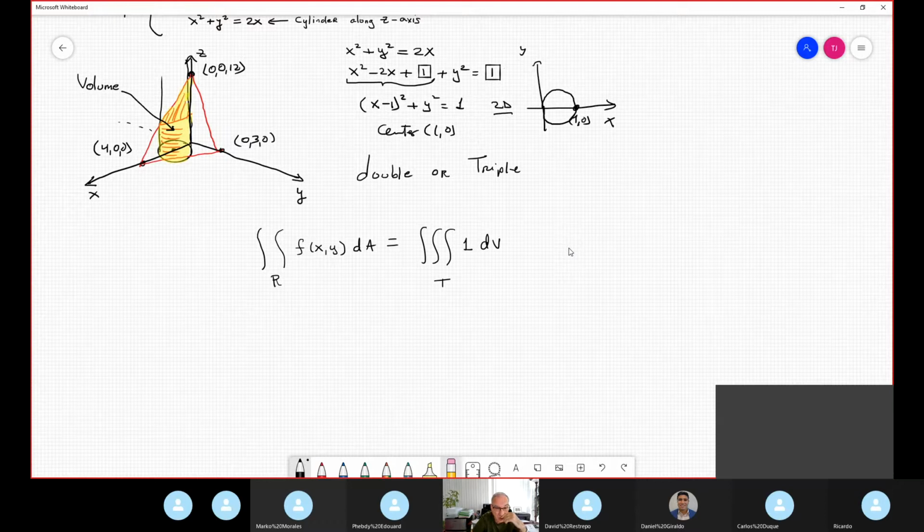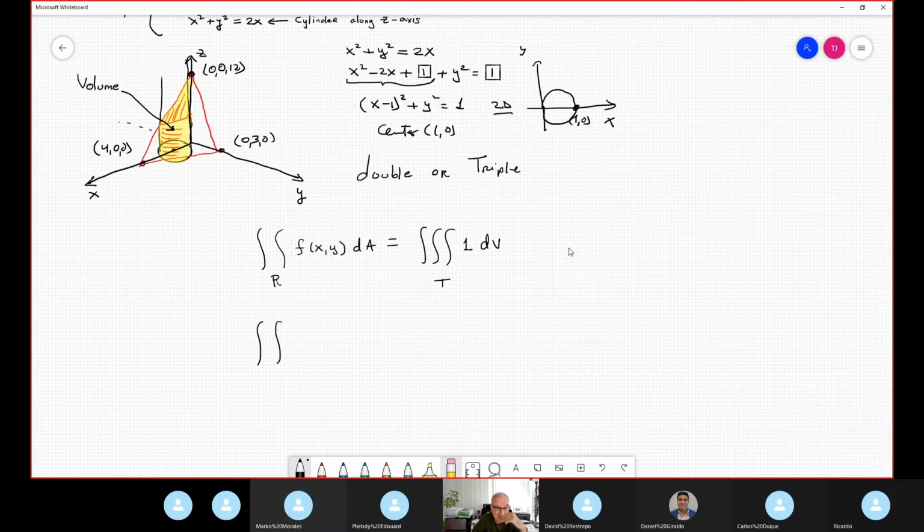So look, in the double, the integrand function is not 1. It's the z value of the roof. In this case, my z goes from 0 to the z value of the plane.